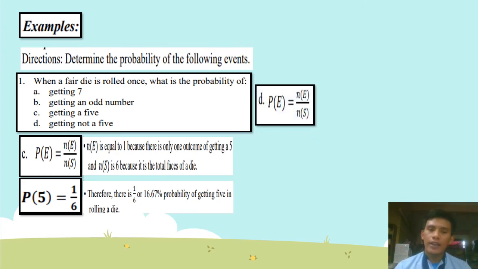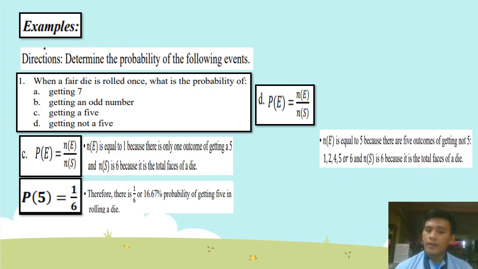For letter D, getting not a 5. What are the outcomes of getting not 5? N(E) is equal to 5 because there are 5 outcomes of getting not 5, since 6 is the total faces. The remaining are 5 outcomes: 1, 2, 3, 4, and 6.